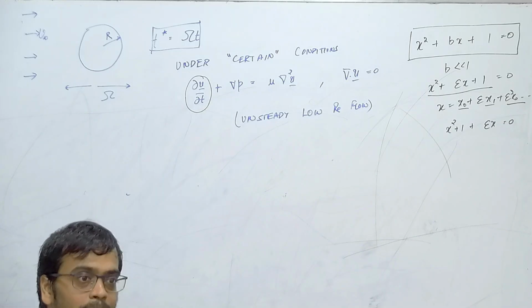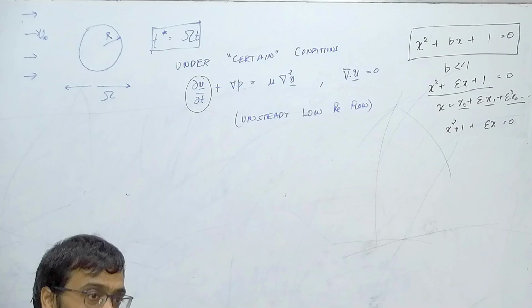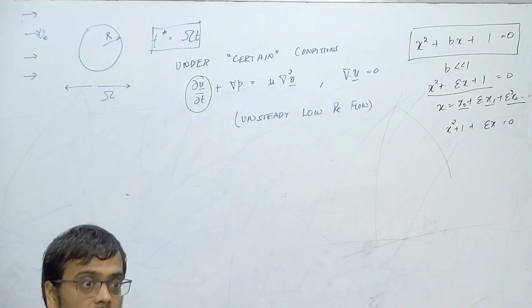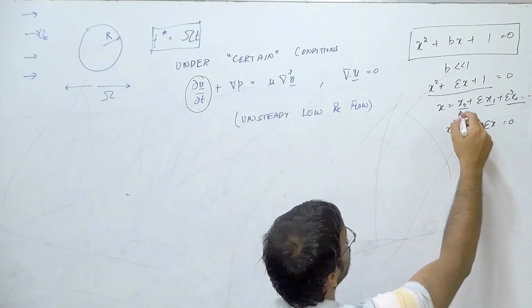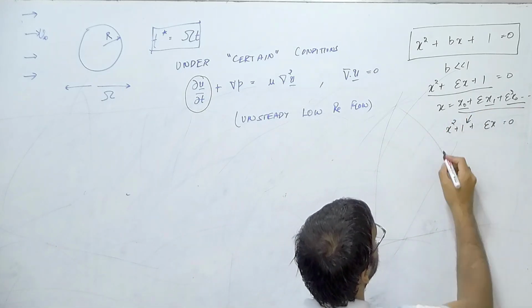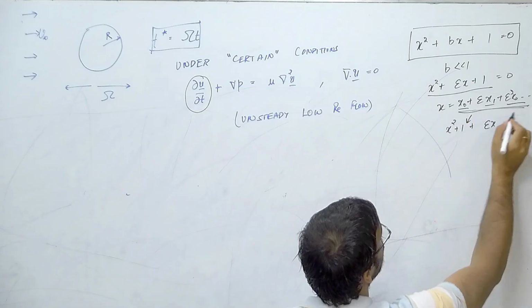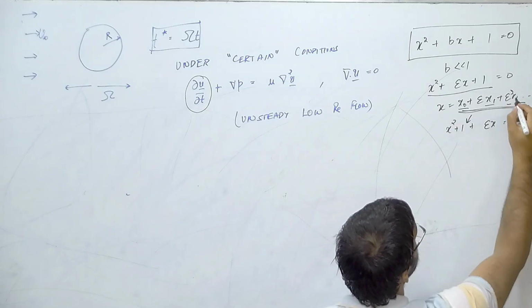So, x will be x naught plus some epsilon times a correction. You can find that out by substituting this here. What is x squared?